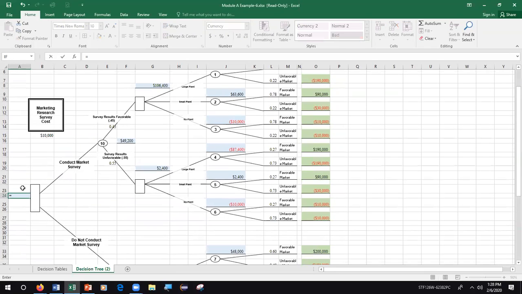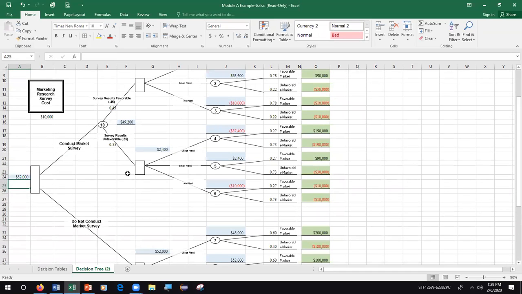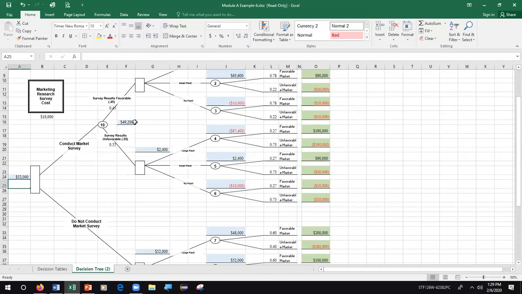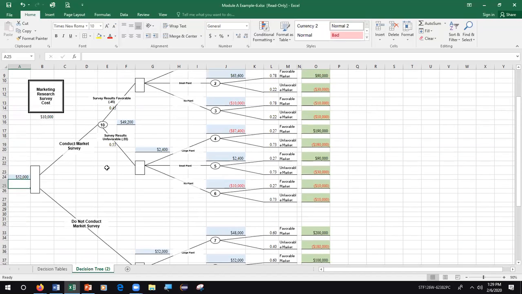Whether we should use the max of this one versus, hold the control down, that one. So we factor in doing a survey with good results or unfavorable results, all the way back to here, and then we compare that to not doing a survey at all. Which one should we do? Not a survey. So don't do a survey at all.